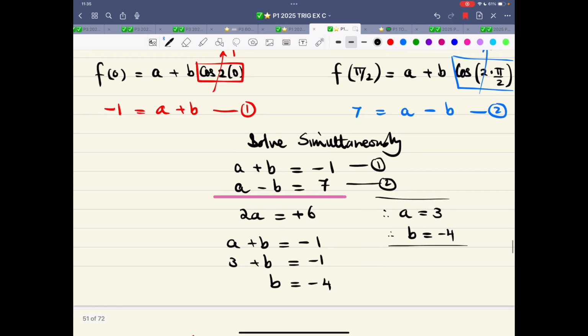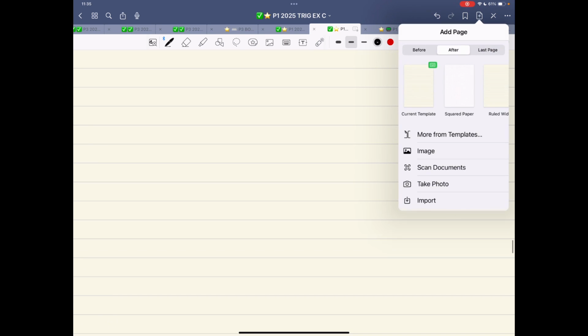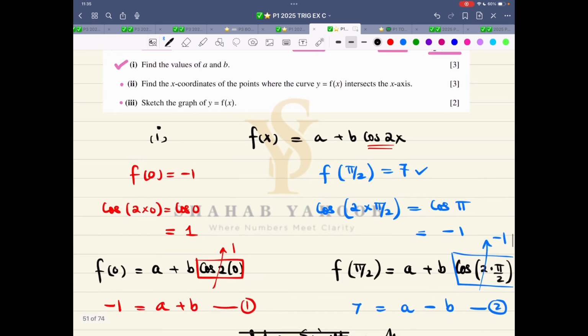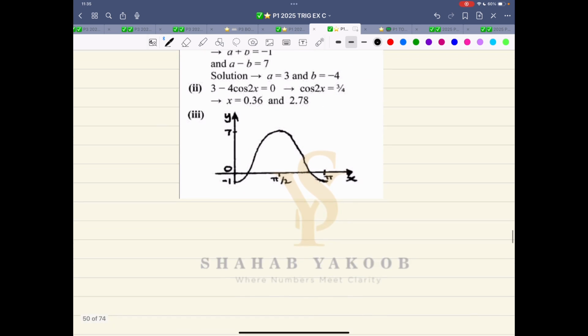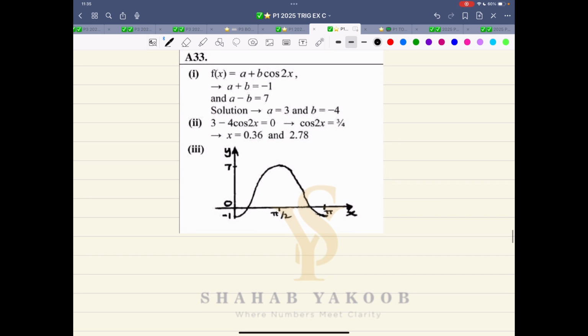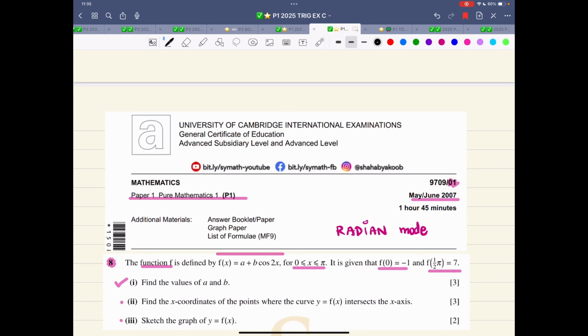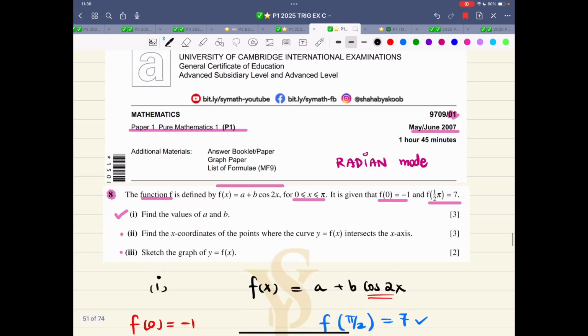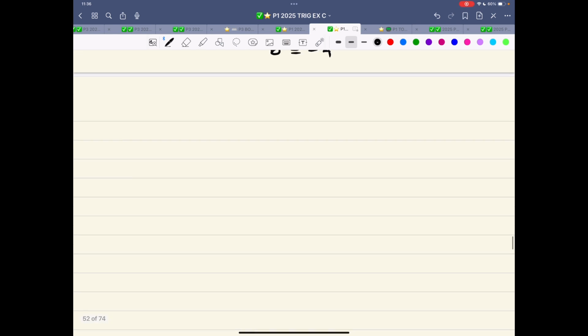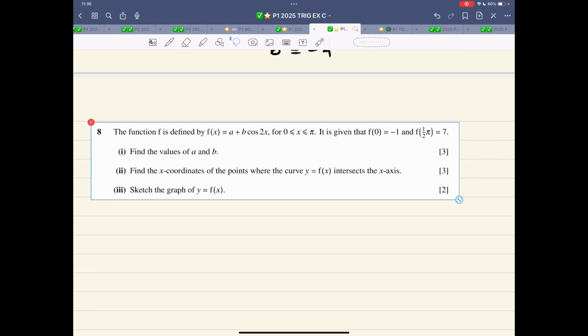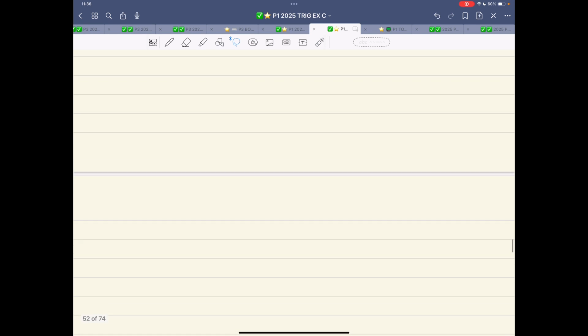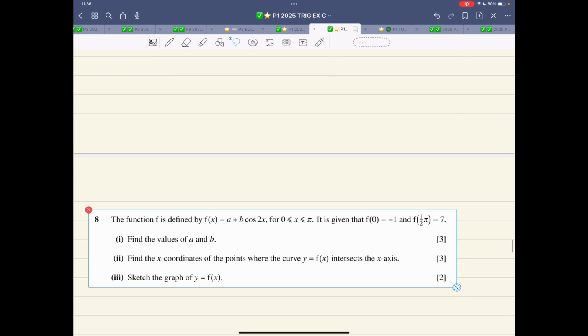Let's double check, and let me add a few pages over here because I'll be needing extra space. So first check the answer. a comes out to be 3, b comes out to be -4. That's all good. Let me copy this and paste it over here.